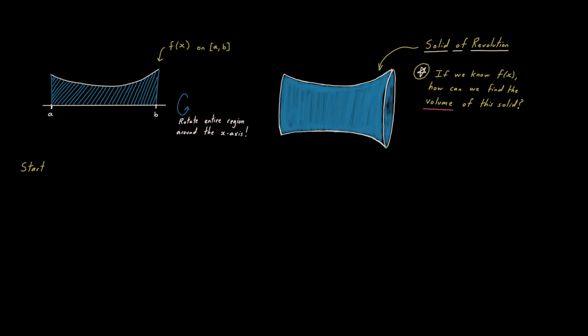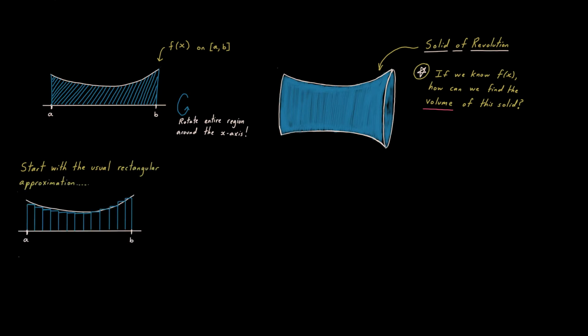What we're going to do, we're going to start in familiar territory. We're going to start with the usual rectangular approximation for area, but we're not going to find the area. We're going to draw these right endpoint rectangles. I chose them to be right endpoint rectangles for convenience. But now, after drawing them, instead of finding those rectangular areas and adding them up, I'm not going to find any area.